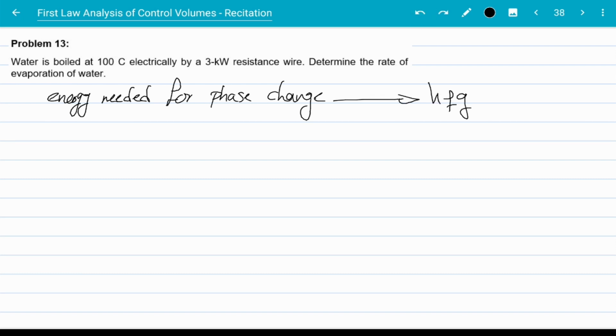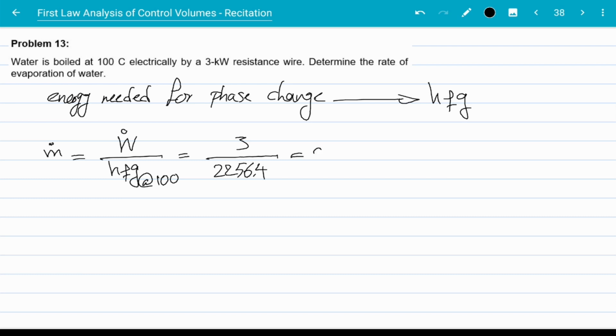So with that in mind, I can say the rate of evaporation of water is the power provided divided by h_fg at 100 degrees Celsius. That gives me 3 over h_fg at 100 degrees Celsius. I need to read it from tables. 2,256.4, which is about 0.00133 kilograms per second.